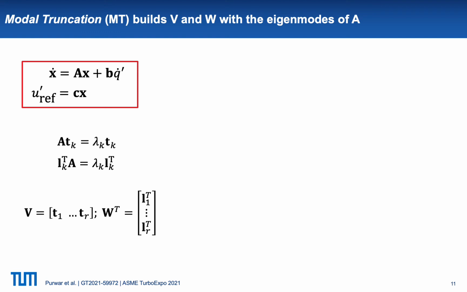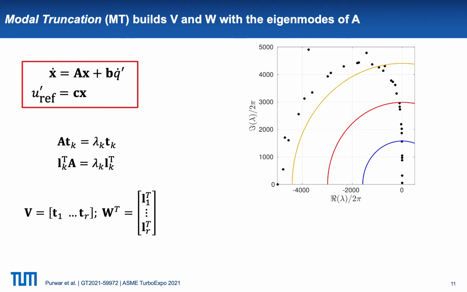In this study, to build a reduced order model of size R, we choose the eigenmodes corresponding to the first R smallest eigenvalues. This figure shows how the radius of inclusion of eigenmodes increases with increasing the order of the reduced model.